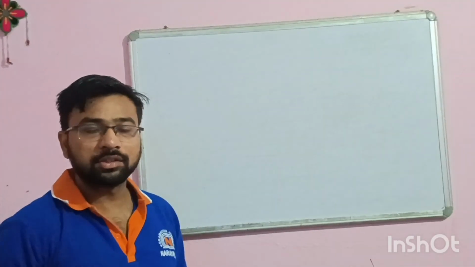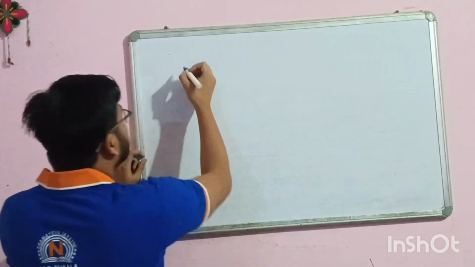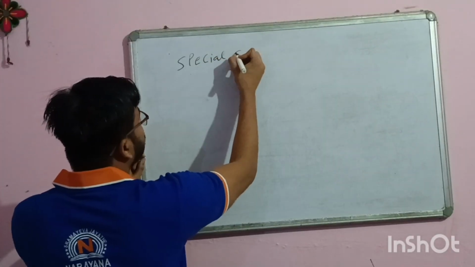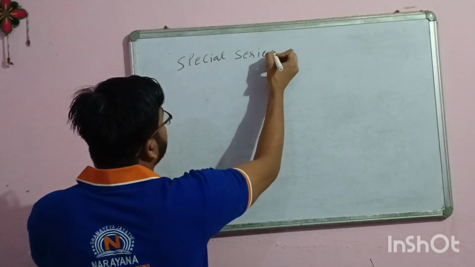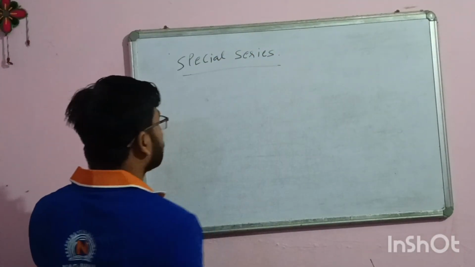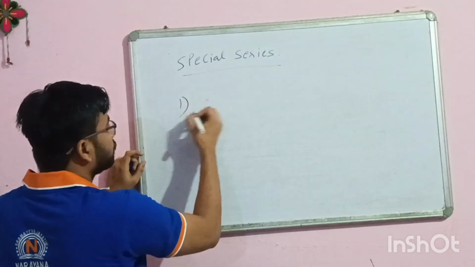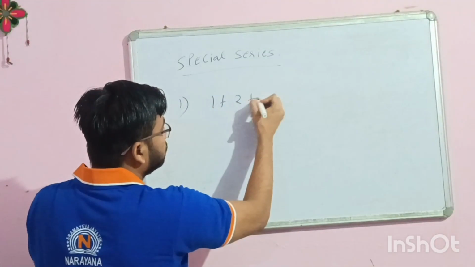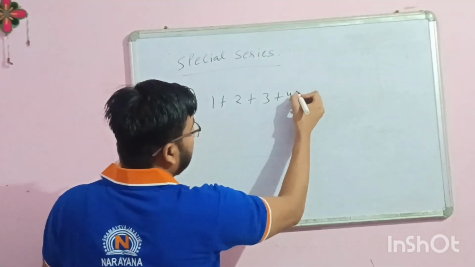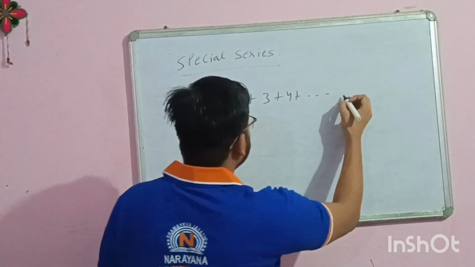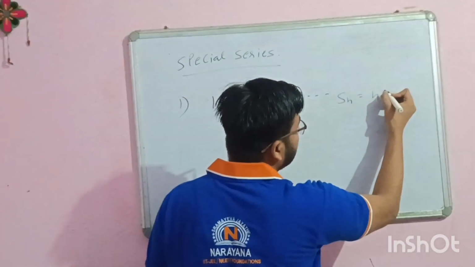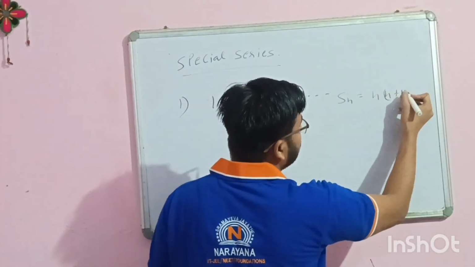Now we will study some special series. First is the sum of n natural numbers. The sum of n natural numbers equals n times n plus 1 upon 2.